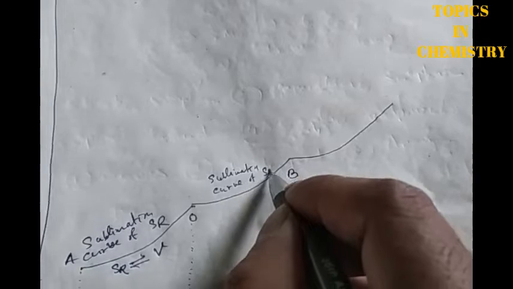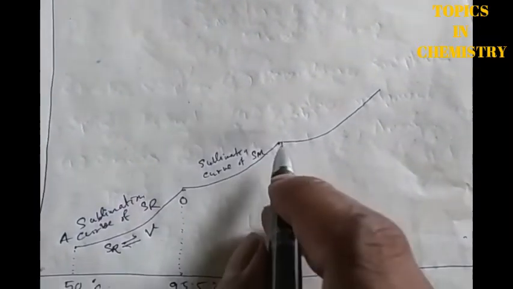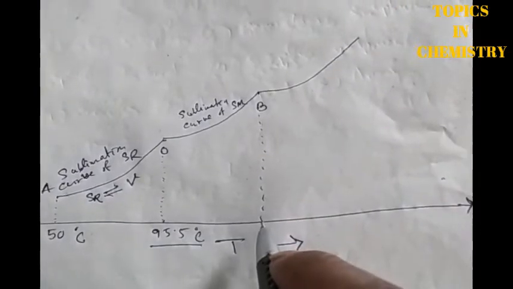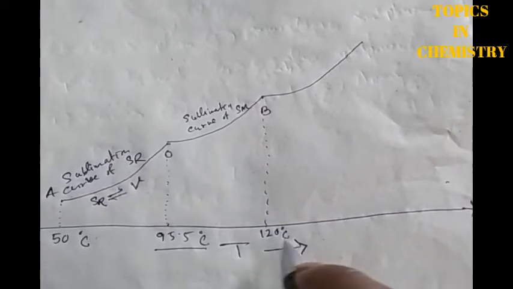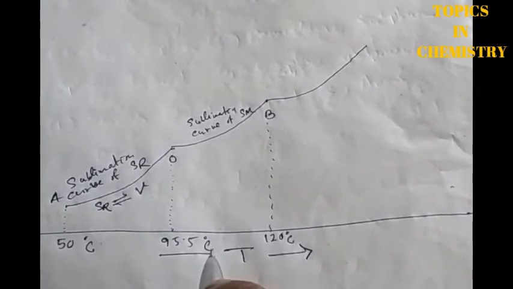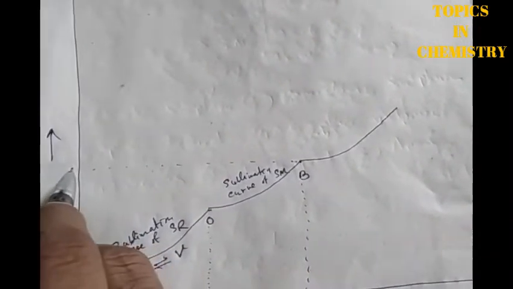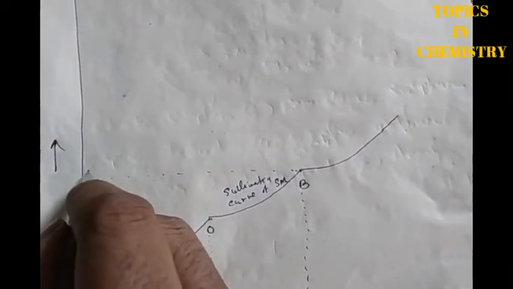So this is the sublimation curve of SM, monoclinic sulphur. After that point you can see the next point, the B point. At the B point, melting of monoclinic sulphur occurs, and it is almost 120 degrees Celsius. The pressure at that point is very small, almost 0.025 millimeter of Hg.